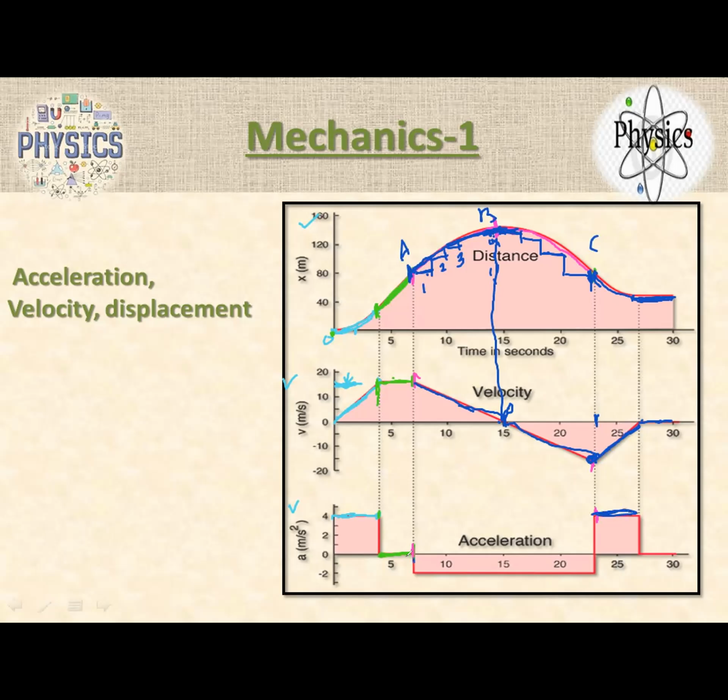I did not explain this part before. What happened here? From here to here, the velocity is decreasing completely constantly, and that is the reason for completely constant acceleration. Velocity changes uniformly from A to C. So when the velocity changes uniformly, you can think of acceleration as constant. It's not changing at all.